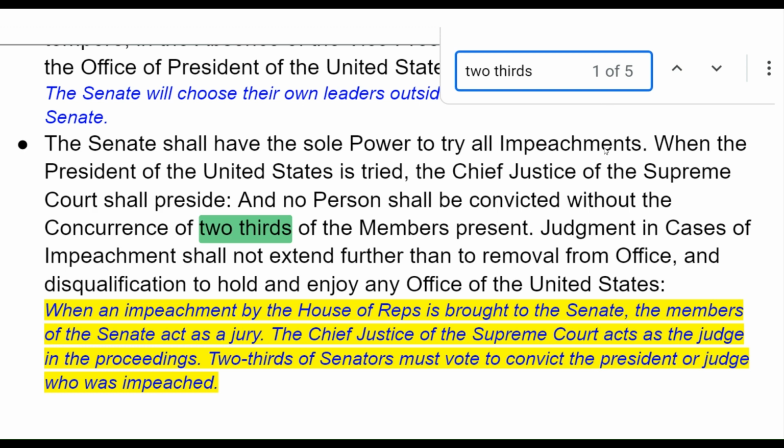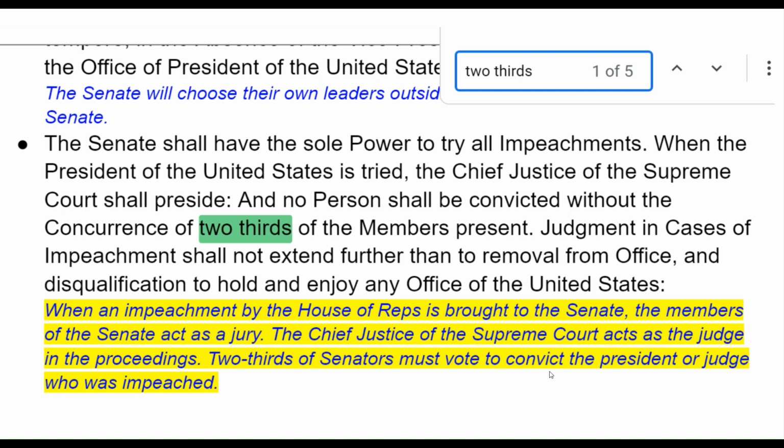And here is 2/3 first when we try to find it. And no person, now this is talking about the president, and no president shall be convicted without the concurrence of 2/3 of the members present. Look at that. Concurrence of 2/3 of the members present.